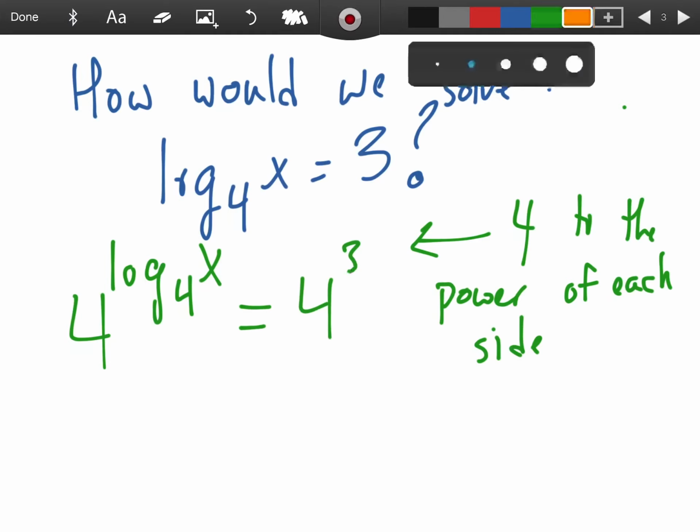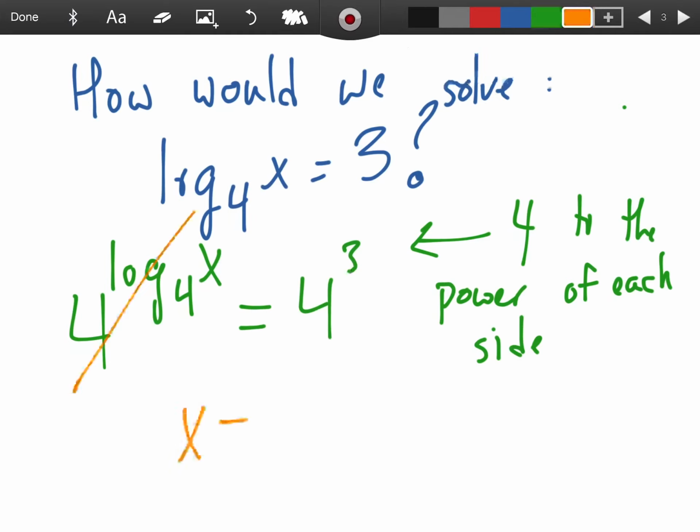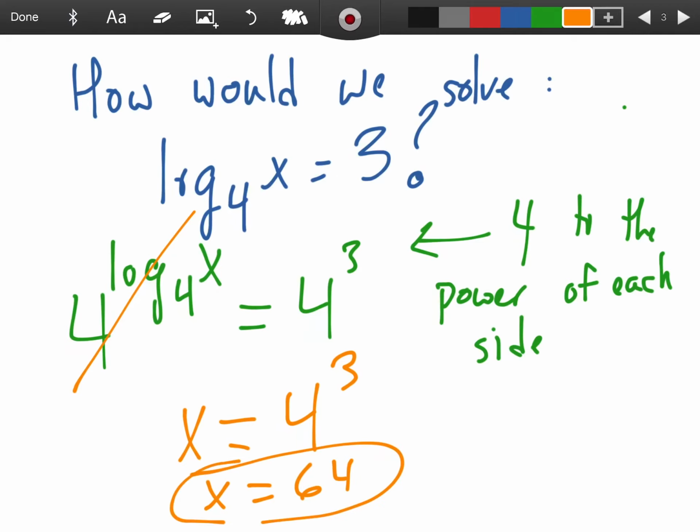On the left side, because these are inverses, we are left with just x equals 4 cubed, so x equals 64. It's important to understand that whenever we have log base b of a variable and we want to isolate that variable, we do b to the power of each side.